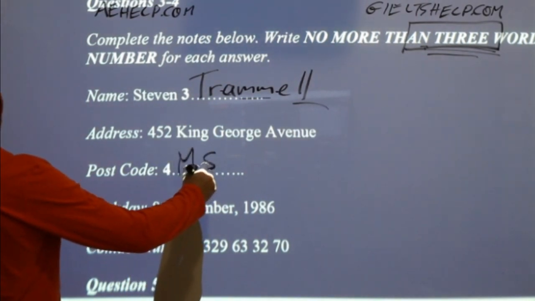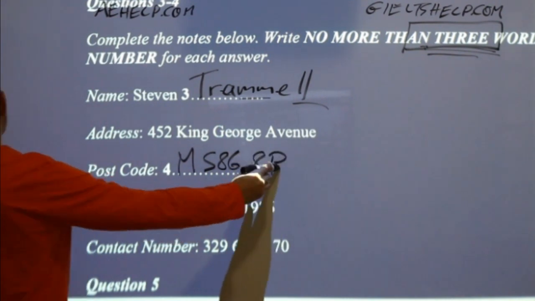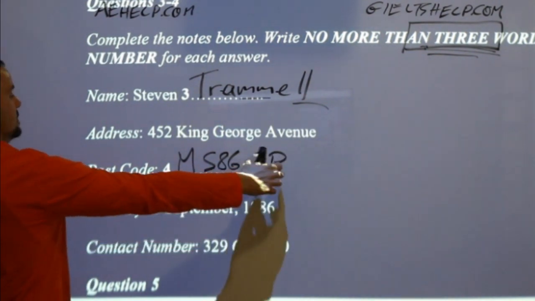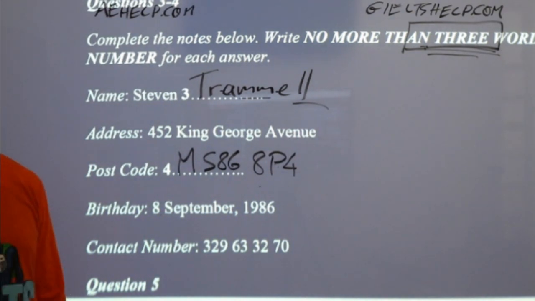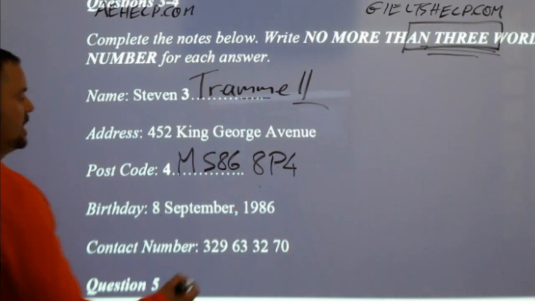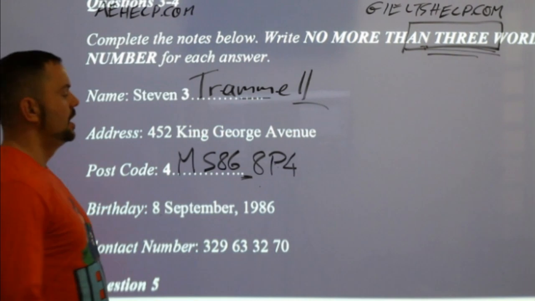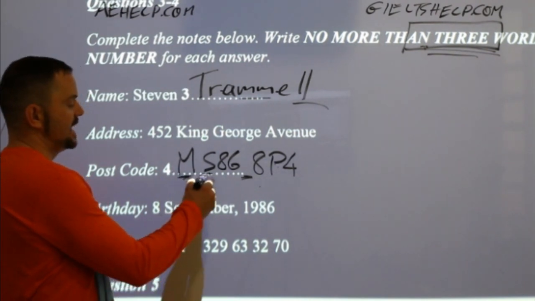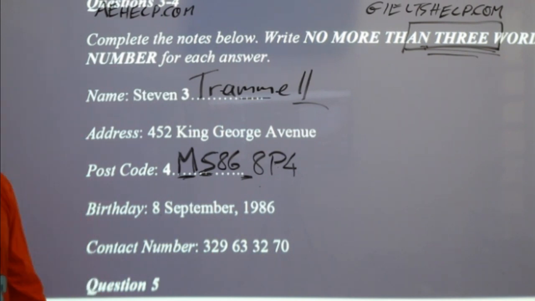MS 868P4. Okay. The spacing doesn't matter. So in the UK, they usually have a space there, but it doesn't matter. You can just write it as one. Write the letters as capitals, so big M, big S instead of small, okay?